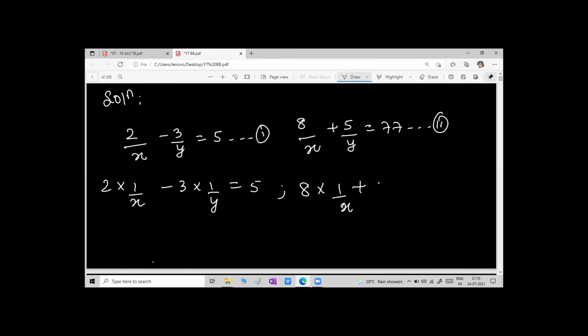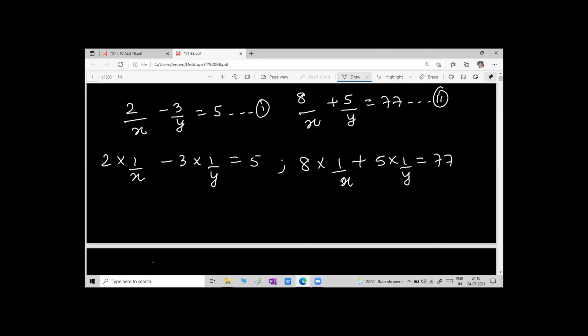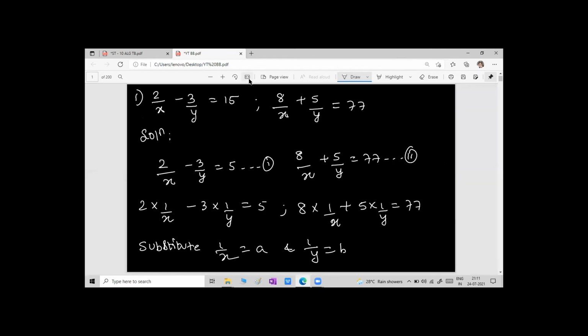Plus 5 into 1 upon y is equal to 77. ऐसा ही है equation, isn't it? So now substitute 1 upon x is equal to a and 1 upon y is equal to b. You can either take it as m or n. Never mind. Okay. Is this first part of the question clear?